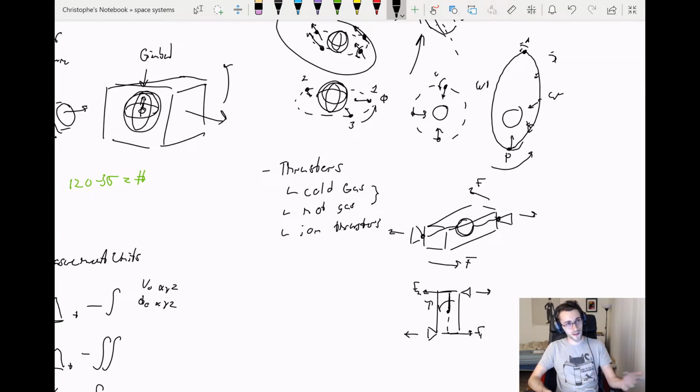So force acting at a radius of your center of mass will give a torque, which gives your space vehicle an angular acceleration based on the moment of inertia about that axis.